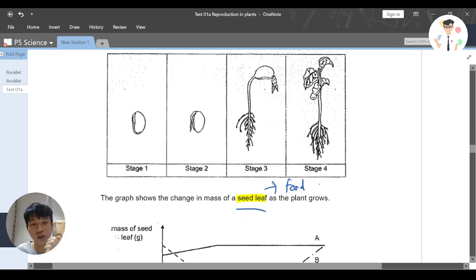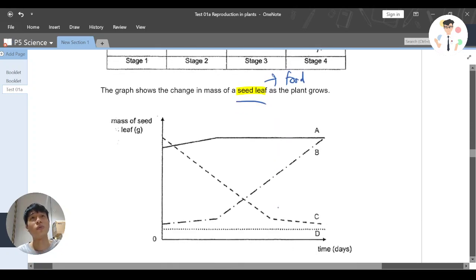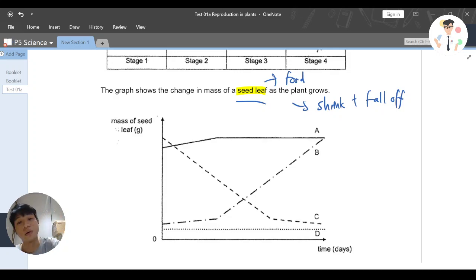Because there are still no true leaves to trap light to make food. And with that function, if you remember, it will shrink and later on fall. So the food is slowly being used up, and that's why it shrinks and falls.